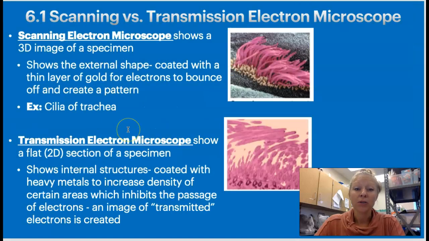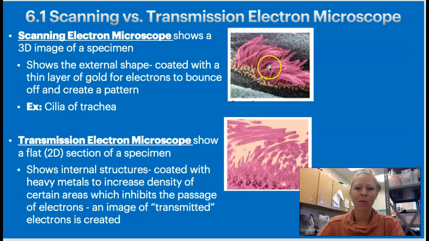There's 2 different types, as we have said: the scanning electron microscope, also known as the SEM. This shows a 3D image of our specimen. What we do is we put a gold plating on our specimen. This is an image that was created by a scanning electron microscope, but then color was added afterwards.